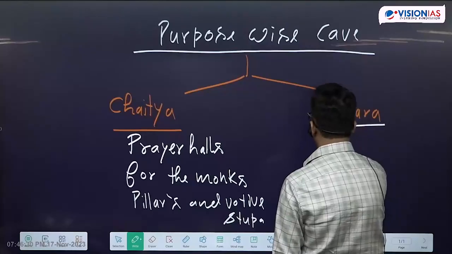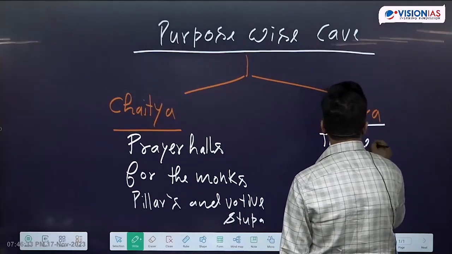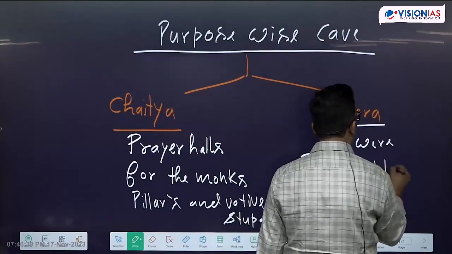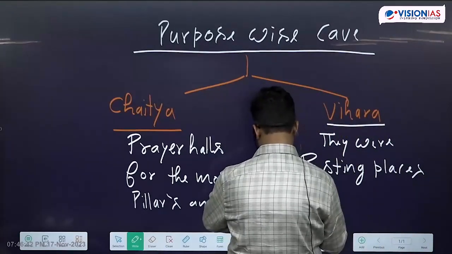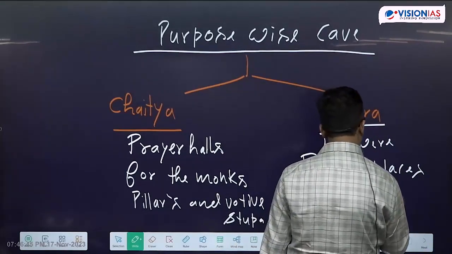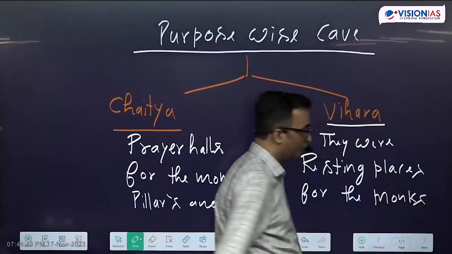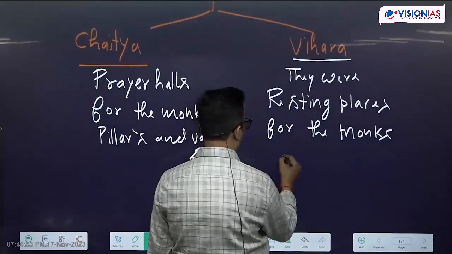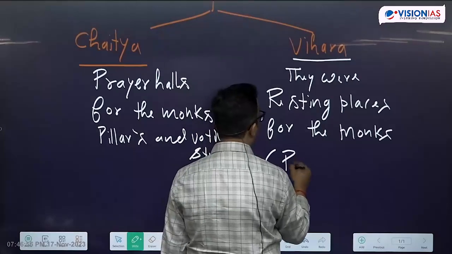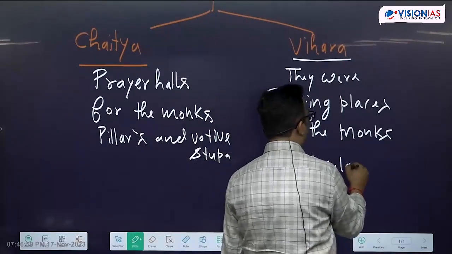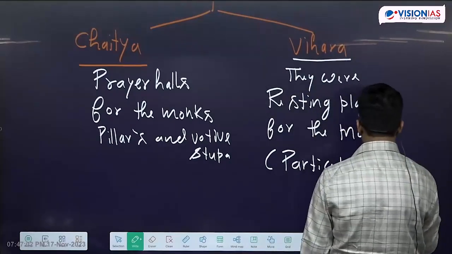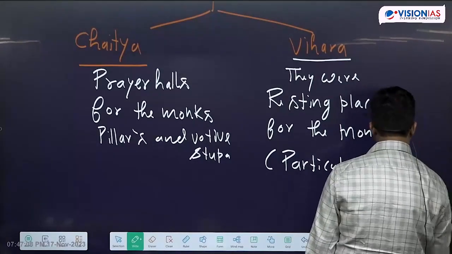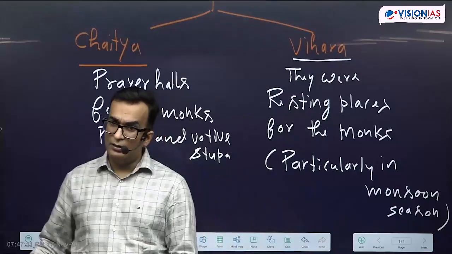So viharas, you mentioned, they were resting places for the monks, and in brackets you write, particularly in monsoon season.